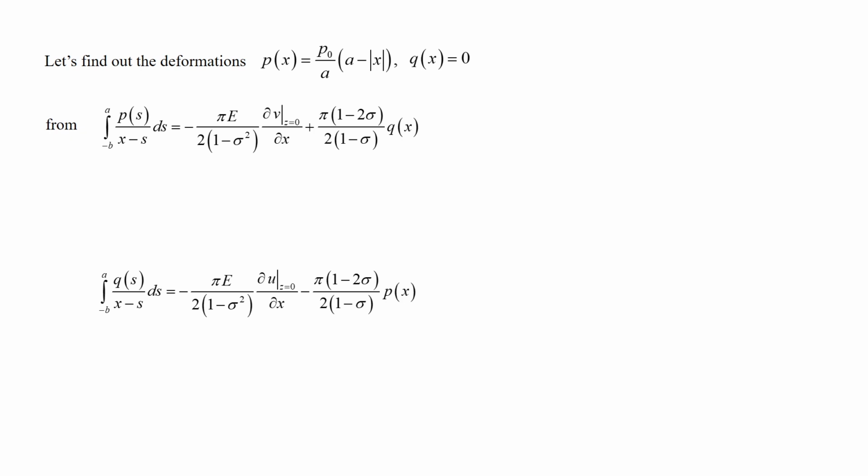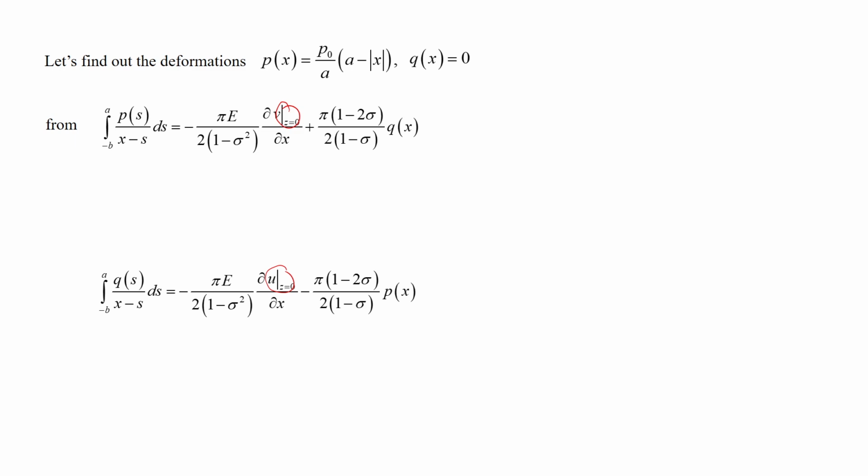Now, let us find out the deformations because of this particular stress distribution on the surface. For example, the vertical deformation v and the horizontal deformation u can be found from this equation over here.